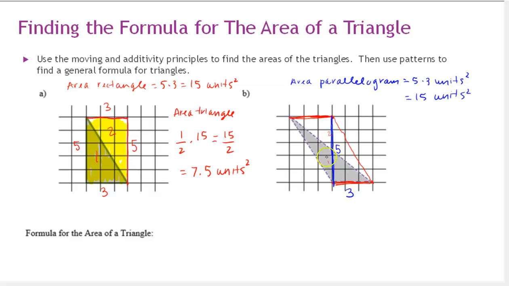And since the shaded part is 1/2 of that, the area of the triangle is 1/2 times 15, or 7.5 units squared. Notice this triangle actually had an equal area to that triangle, even though they looked a little bit different. Notice, when we had this right triangle, here was our base.